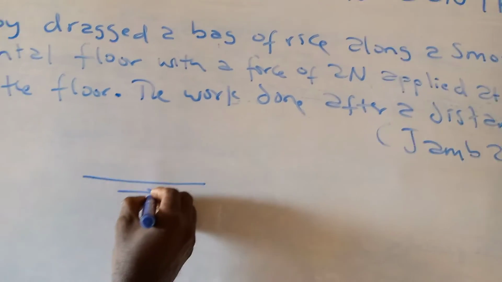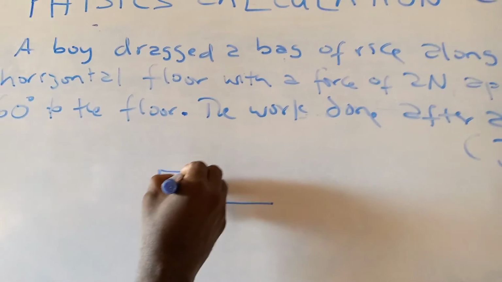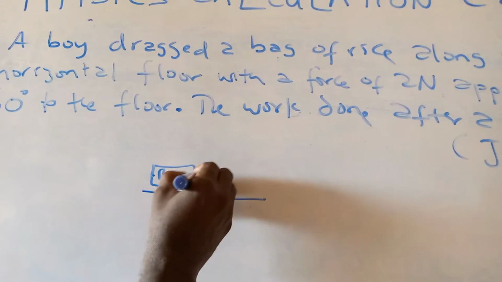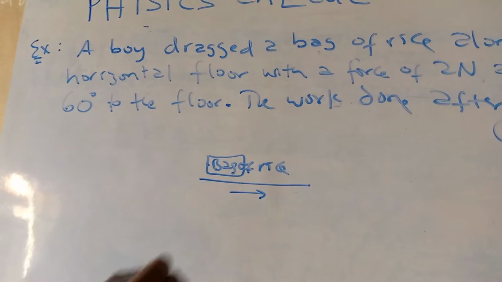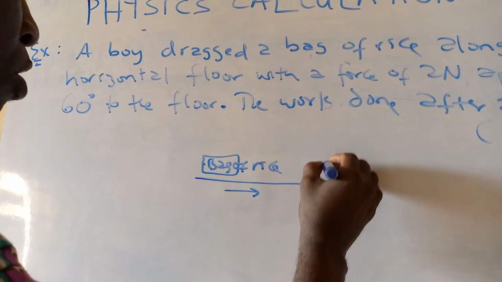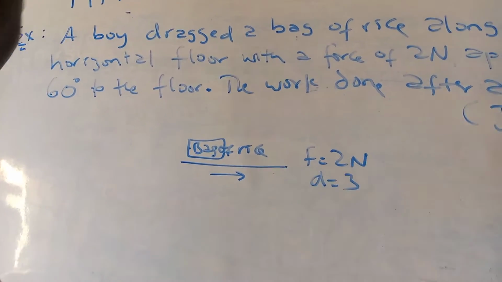So the boy was dragging the bag of rice. So this is the object, the bag of rice. He was dragging it with a force of 2 Newton at a distance of 3 meters.